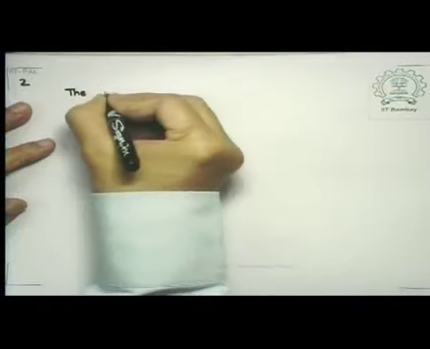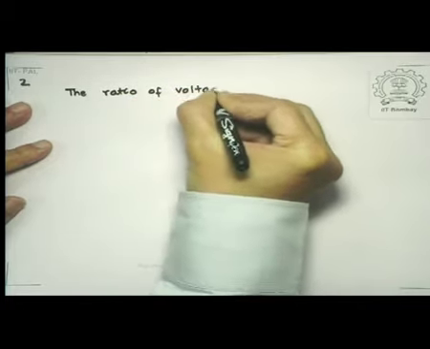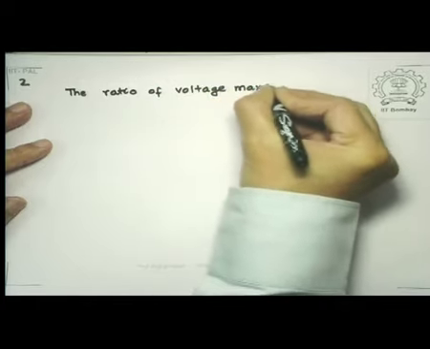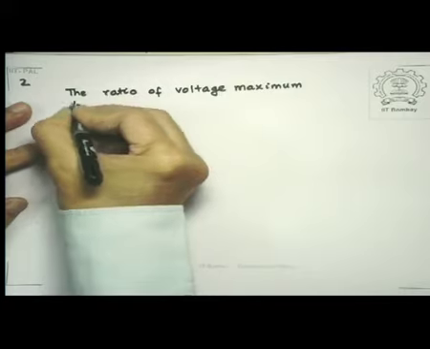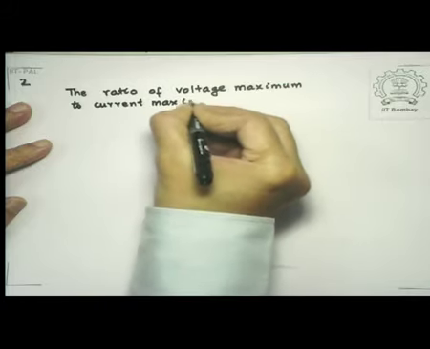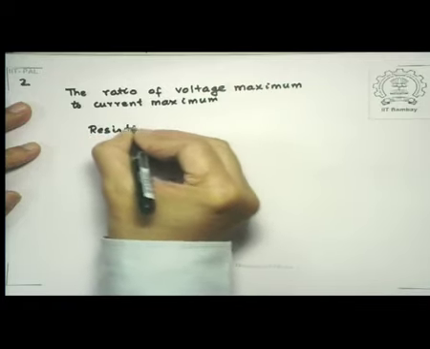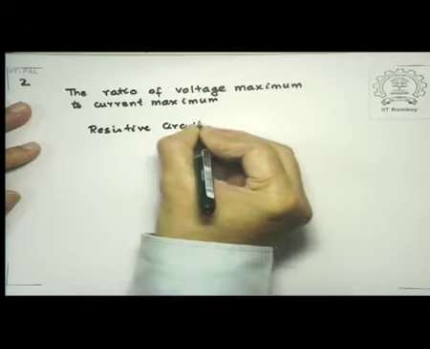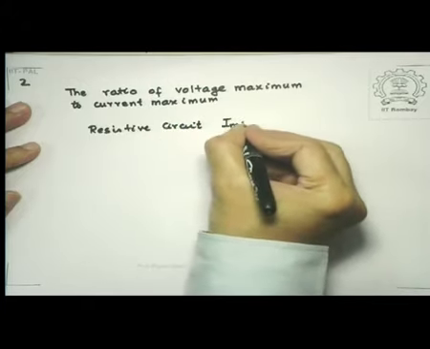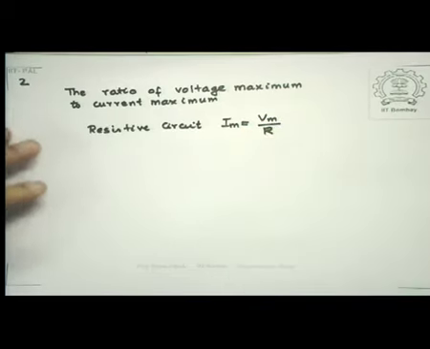In all three circuits, the ratio of the voltage maximum to current maximum is given as follows. If I have a purely resistive circuit, my current maximum, which I represent by Im, is given by Vm divided by R. R is of course the resistance in ohms.